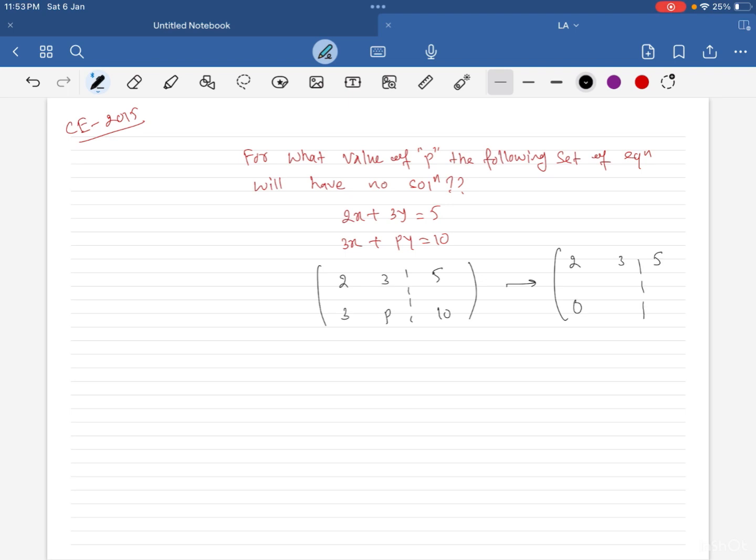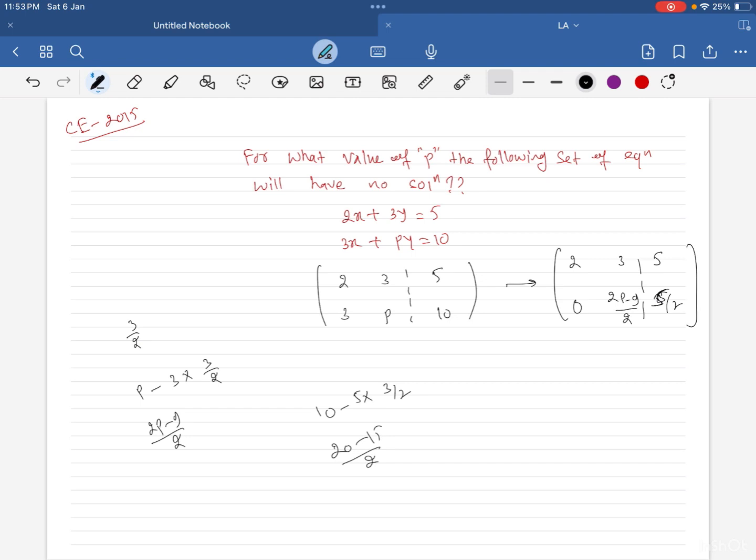Here we will have 0, the multiplier is 3 divided by 2, so p minus 3 into 3 divided by 2, that is (2p minus 9) divided by 2. And here we will have 10 minus 5 into 3 divided by 2, so (20 minus 15) divided by 2, that is 5 divided by 2.